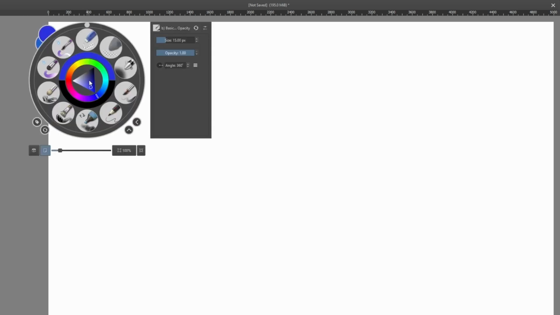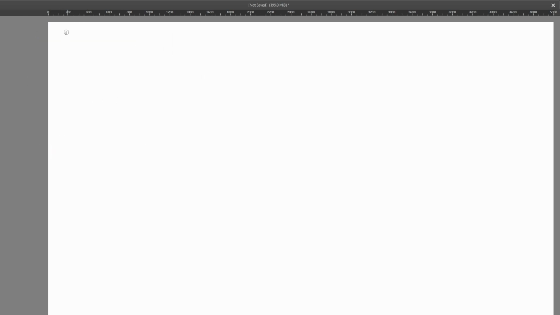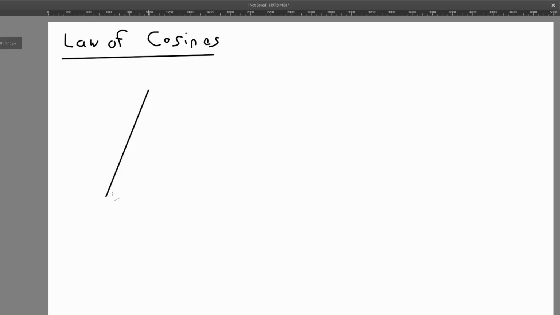Alright everyone. So the third theorem that you need to know about for solving triangles is the law of cosines. Just going to write here. So in a triangle, let's say like this.